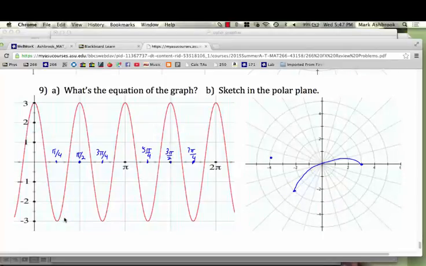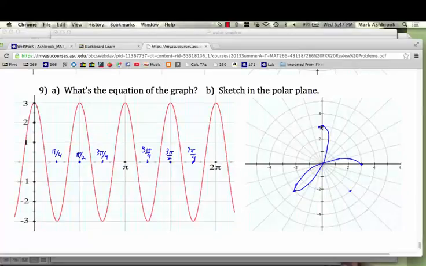At pi over 4, which is actually this angle, we're at -3, right? So then as you go to pi over 2, it's going to go from -3 to 0 to 3. So by the time we get up at pi over 2, it's going to be 3. And then as we go to 3 pi over 4, it's going to go from 3 to -3. So here's 3 pi over 4, -3 is here.